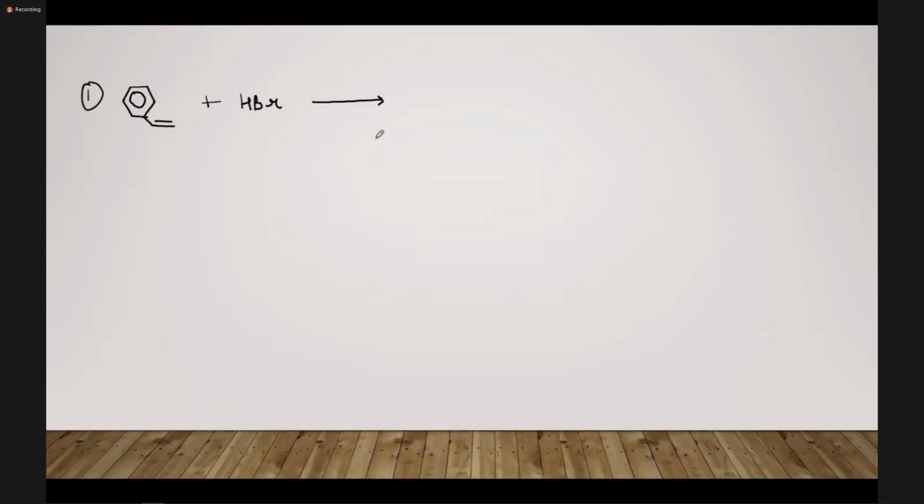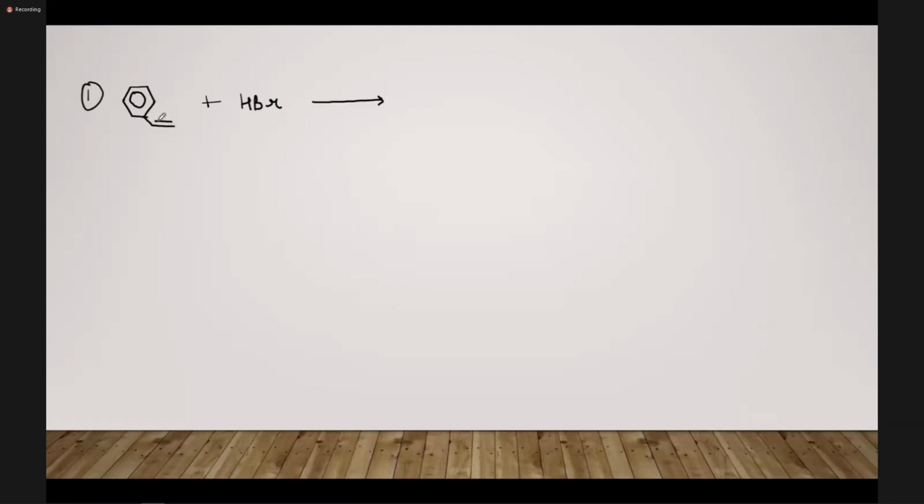Okay. But you must also remember here the Markovnikov's rule that we discussed. So you just have to apply the Markovnikov's rule over here and write the major product. So again, I am just making you remember the Markovnikov's rule, that it says that the hydrogen will get attached to the carbon which has more number of hydrogen, and the halide ion will get attached to the carbon with the less number of hydrogen atoms. Okay. So let's count the number of hydrogen atoms over here.